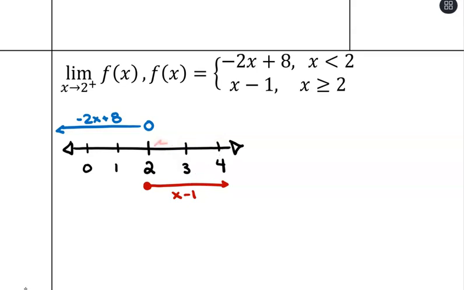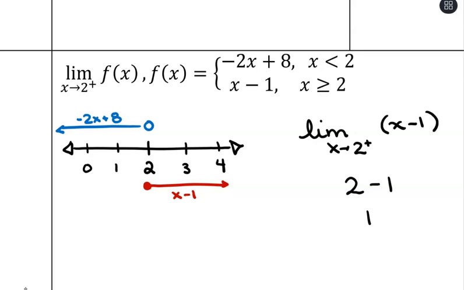I'm getting closer and closer to 2 from over on this right-hand side, which means I'm focused on this function x minus 1. So if I'm evaluating this limit, x approaches 2 from the right, where I have these 2 options for my function, because I'm approaching from the right-hand side, I'm focusing on just x minus 1. And then with that, I can go ahead and plug in 2, so 2 minus 1, which leaves us with 1 as a final answer.